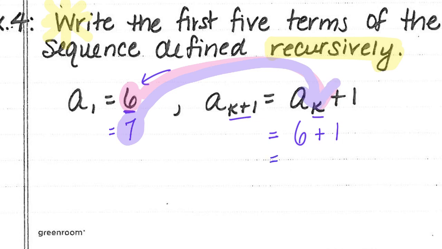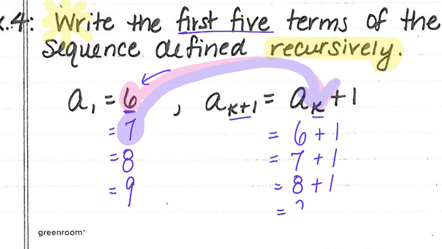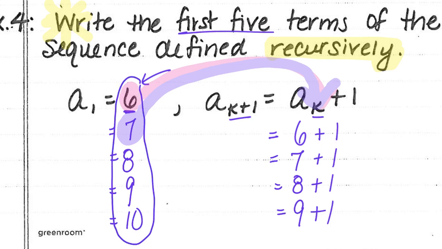So when I put my 7 in, I have 7 plus 1, and that third term is going to be 8. And then I have 8 plus 1, and that fourth term is going to be 9. And they ask us for the first 5 terms, so 9 plus 1 is going to give me 10. So the answer to these first 5 terms, defined recursively, is 6, 7, 8, 9, and 10.